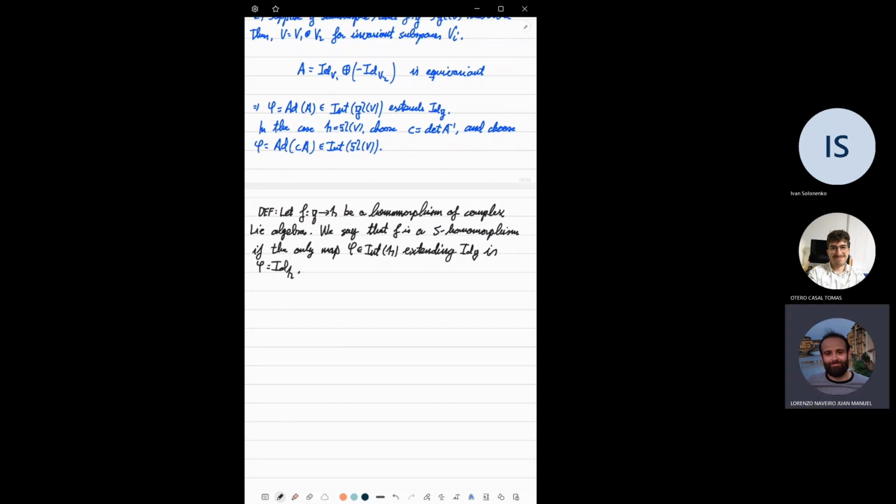I think the easiest example would be to look in, for example, SLNC or SO2NC, wherever there are not too many non-inner automorphisms. In the case of complex simple algebras, you have either 1, 2, or 6 cosets of Int G inside the automorphism group.